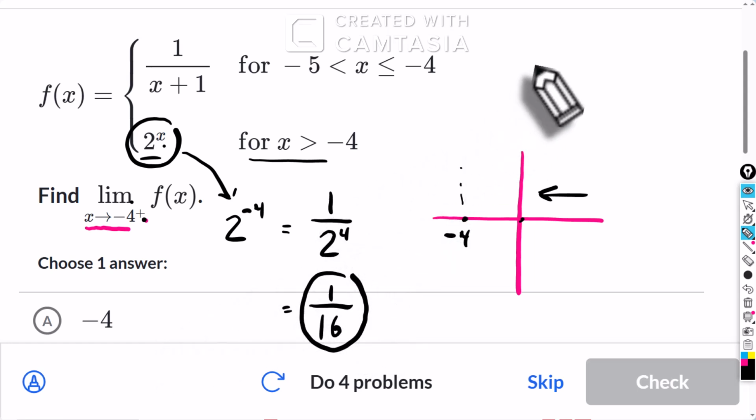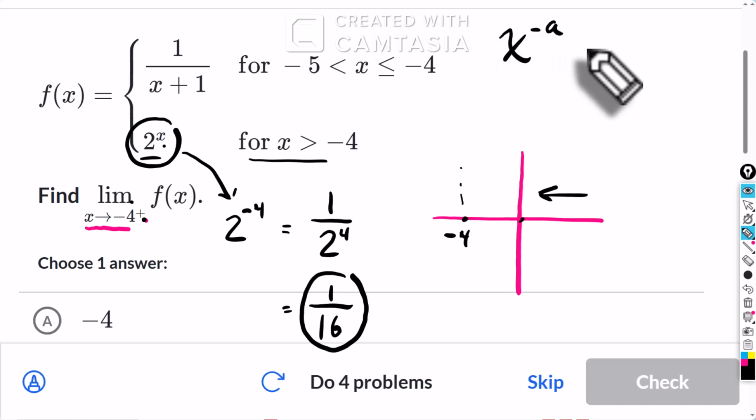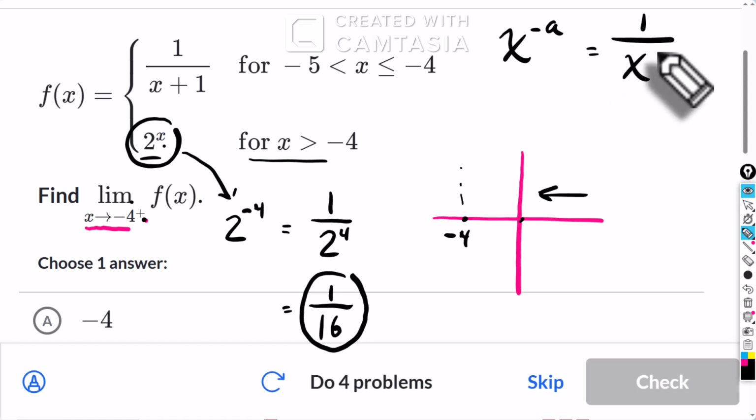All right, and the negative exponent property that I used, if you have x to the power of -a, that's equivalent to 1 over x to the power of +a. Okay, and it goes the other way as well.